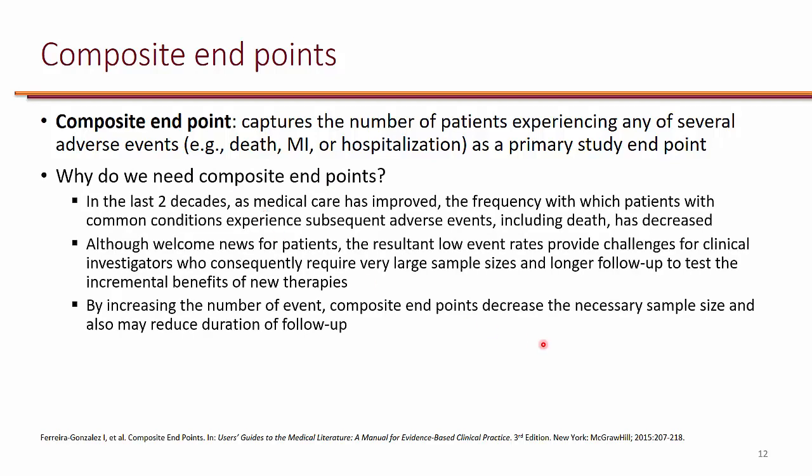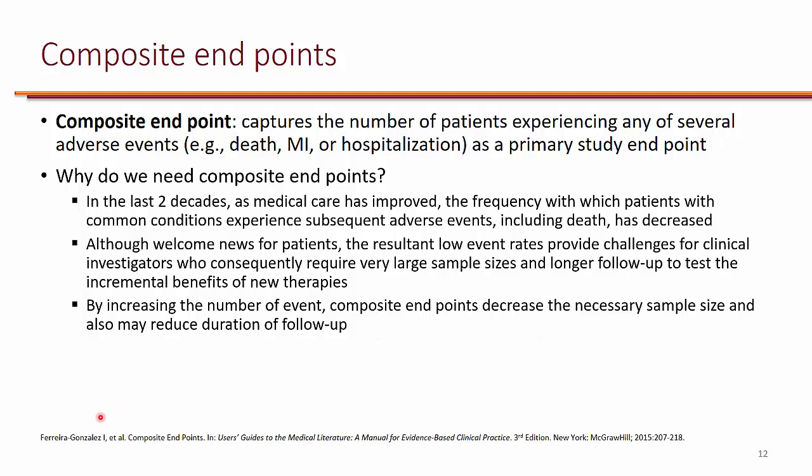And the reason they do that is because in the past 2 decades, because of the advancements in medical care, it's more difficult to find clinical outcomes like death. Our standard of care has improved so much that if you're really trying to prove that your drug can reduce the rate of mortality, it becomes difficult.